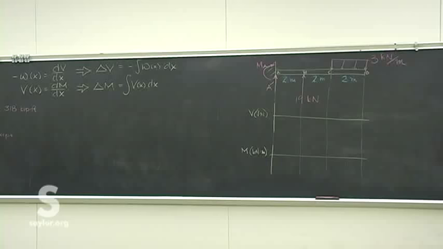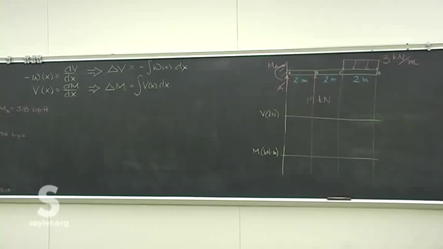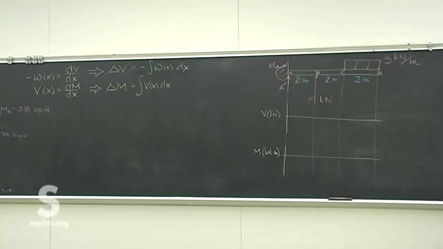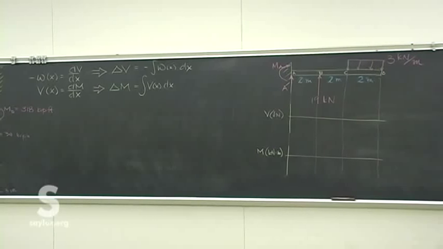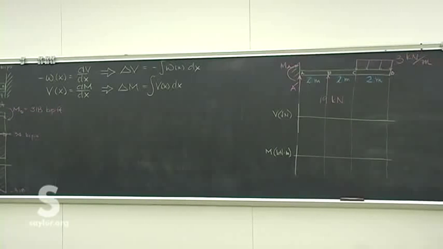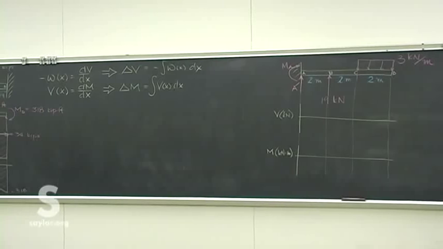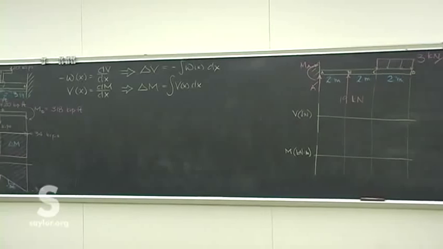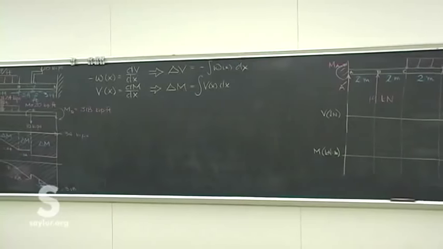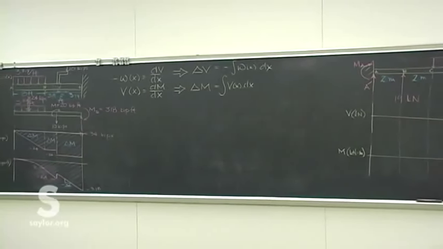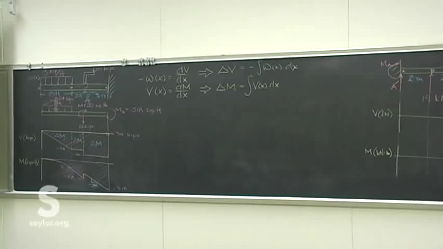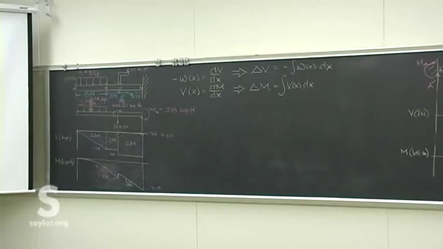Shear is usually pretty easy to come up with. Moment tends to be a little more subtle, but if you just make all the checks and balances we have with all these different clues that are here, you can usually put it together in pretty good stead.